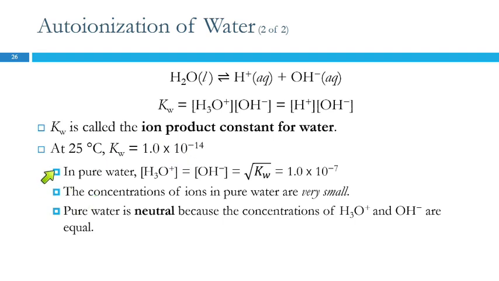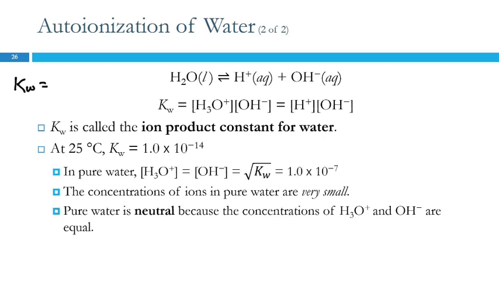So in pure water, the hydronium ion and hydroxide ion concentrations are going to be equal, because every time you make one, you make the other. You can't have more of one or more of the other because they came from the same thing. You get one and one. So actually, let's write this in.